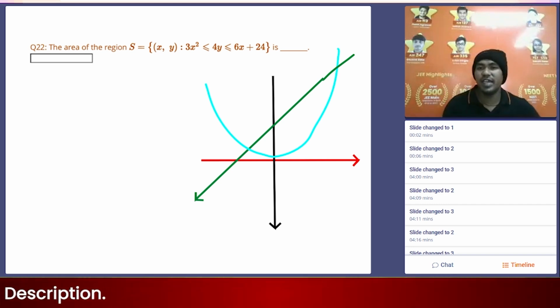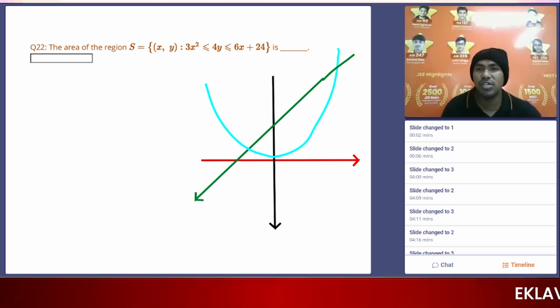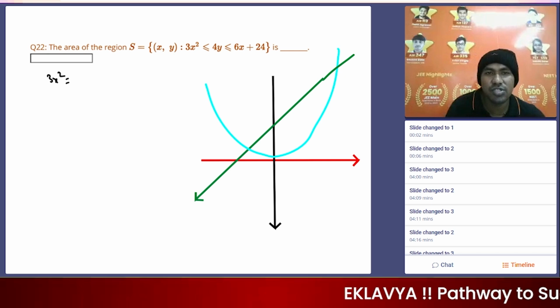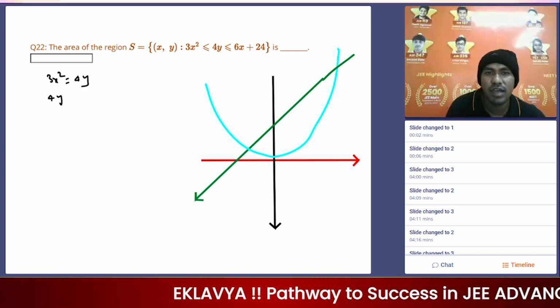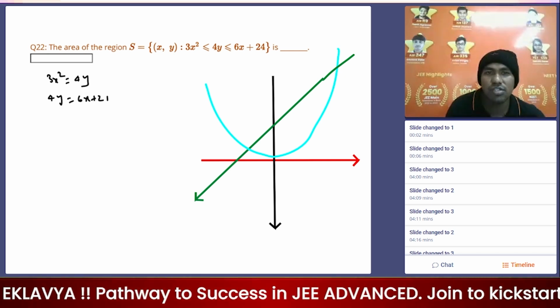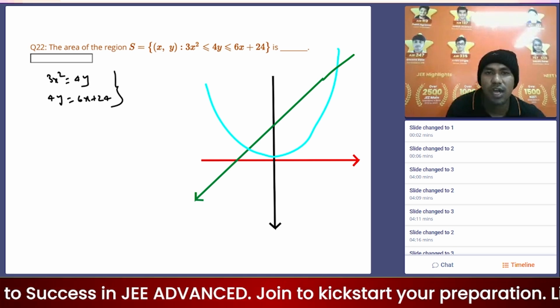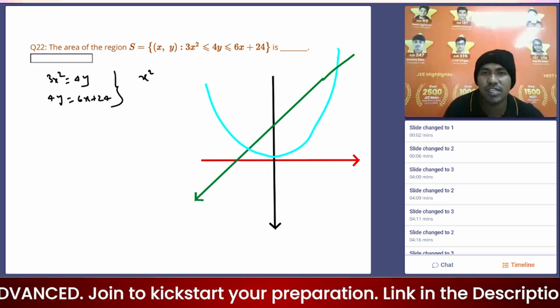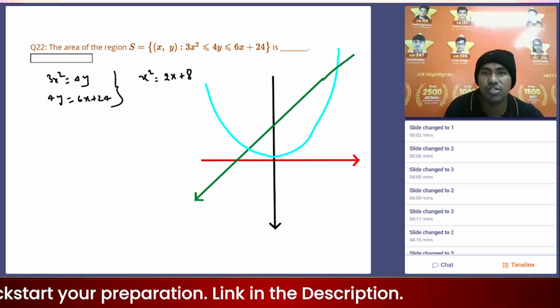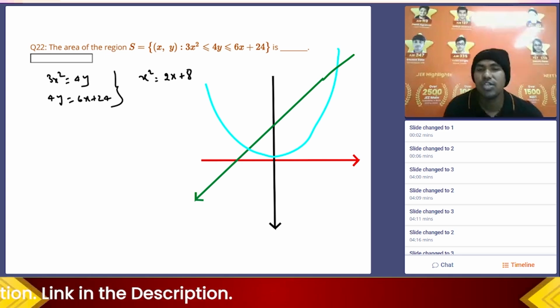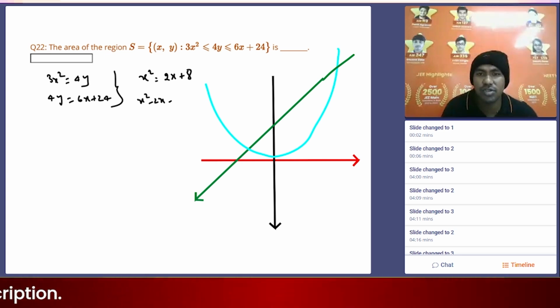Right. Now area they are asking, right? So if you observe this curve, 3x square is equal to 4y and 4y is equal to 6x plus 24. And if you solve for the point of intersection, that will become x square is equal to 2x plus 8. Then you will get the points of intersection. x square minus 2x minus 8 equals 0.